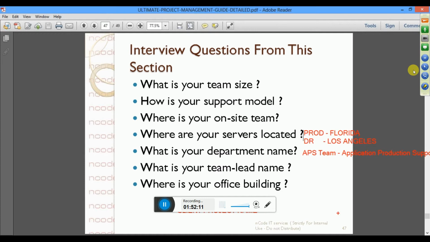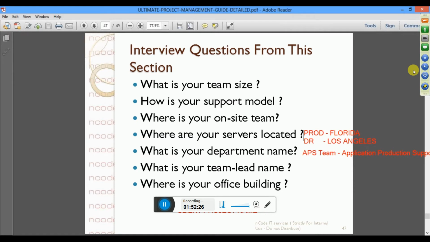This is your team name, meaning your company name. You are supporting a client. Let's say you're working for TCS and you're supporting AT&T. AT&T is a client. TCS is your company, and inside TCS you have the APS team.